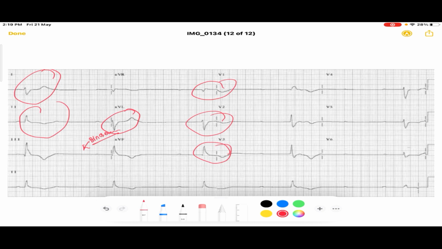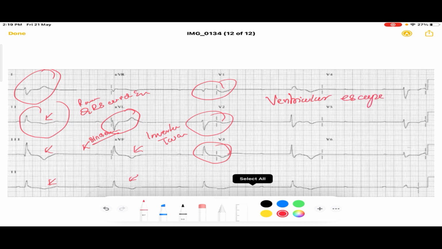This escape beat doesn't have a P wave, and QRS is wide and bizarre, and you can see the inverted T waves. So this is ventricular escape beat.